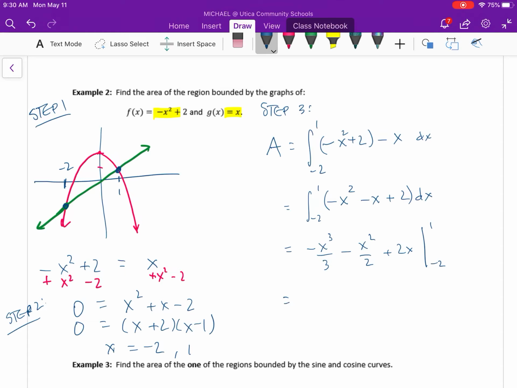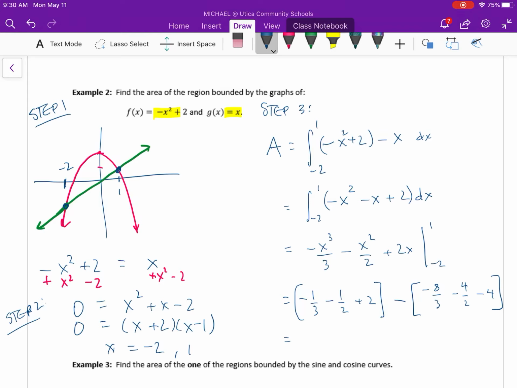Be careful when you're plugging things in with your positives and negatives. So when I plug in a 1, I get negative 1/3 minus 1/2 plus 2, minus. When I plug in a negative 2, I get negative 8/3 minus 4/2 minus 4.